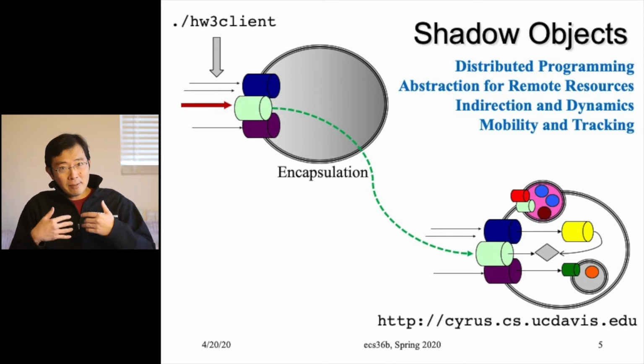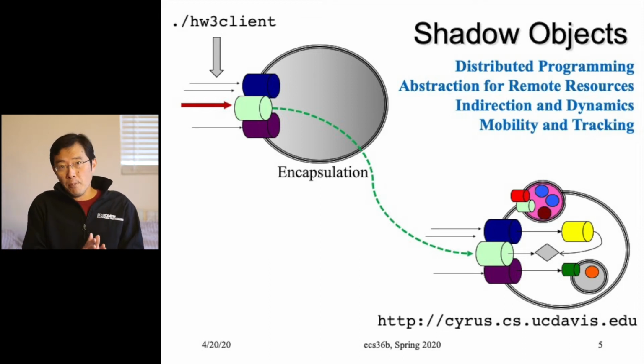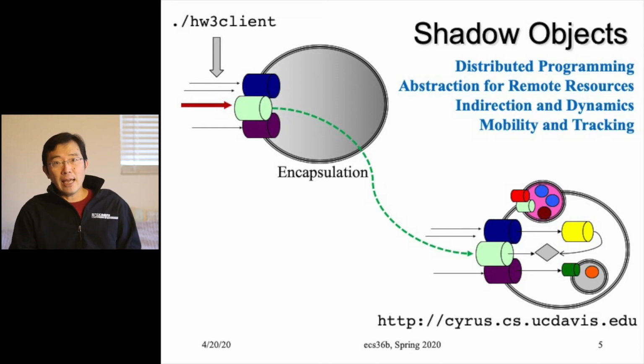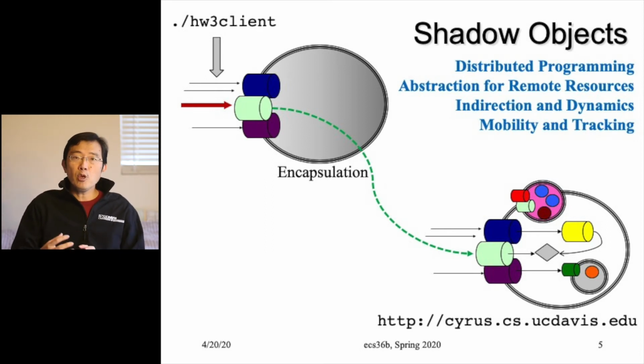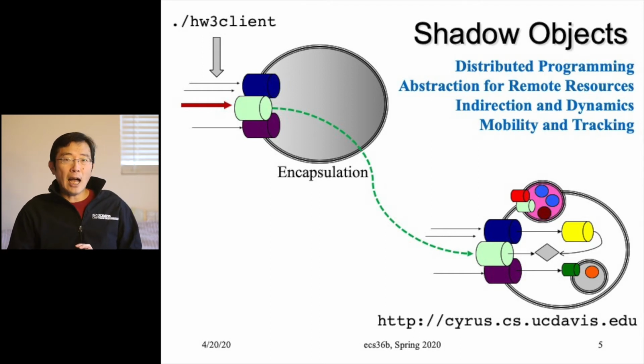And then that software, that mechanism called shadow object, will make sure that whatever you're interacting with locally will actually get to the right object remotely to complete the work correctly. This also implies you can check for any kind of dynamics, as we are really separating the local from the remote copy.